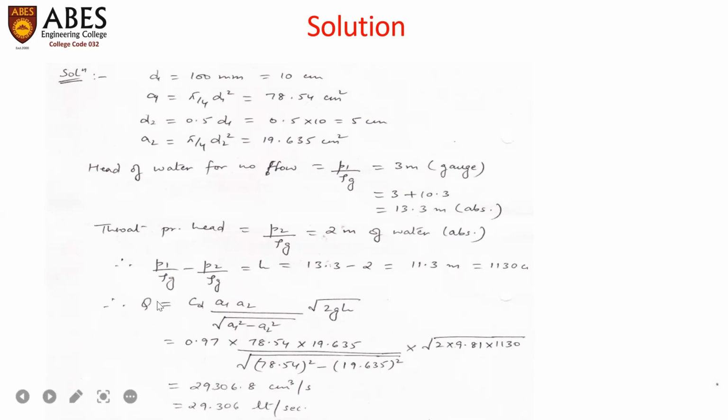After that, the formula for Q, that is the Venturimeter flow rate: if we are calculating the actual discharge, then Q equals CD into A1 A2 divided by square root of A1 squared minus A2 squared, multiplied by root 2gh. CD is given in the question as 0.97, A1 and A2 we have calculated earlier, and multiply by root 2gh. h has also been calculated in the previous step.